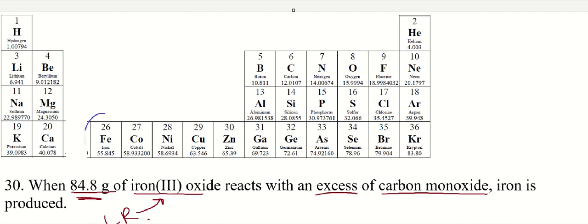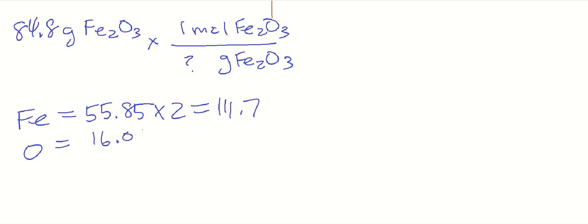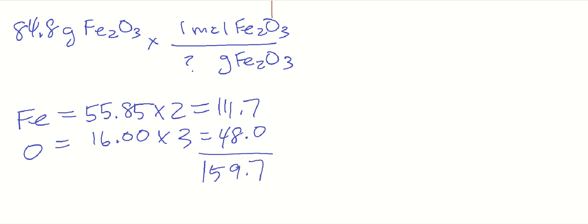Iron is 55.85. 55.85 times 2 is 111.7, and oxygen is 16.00 times 3 is 48. That gives 159.7 grams per mole.